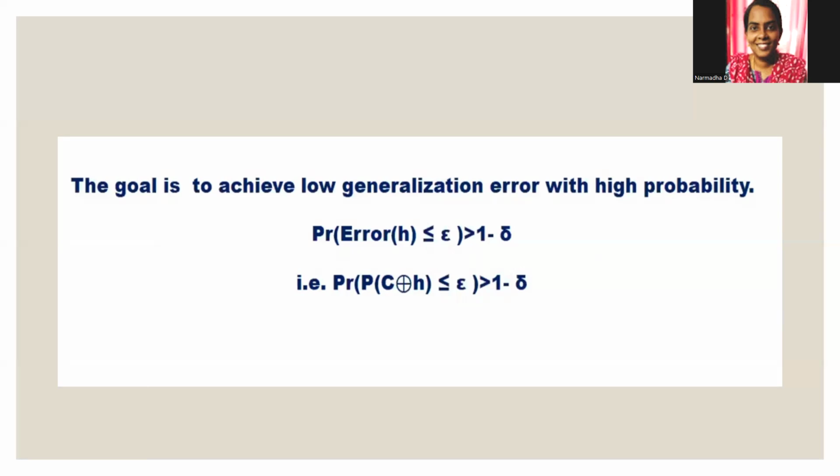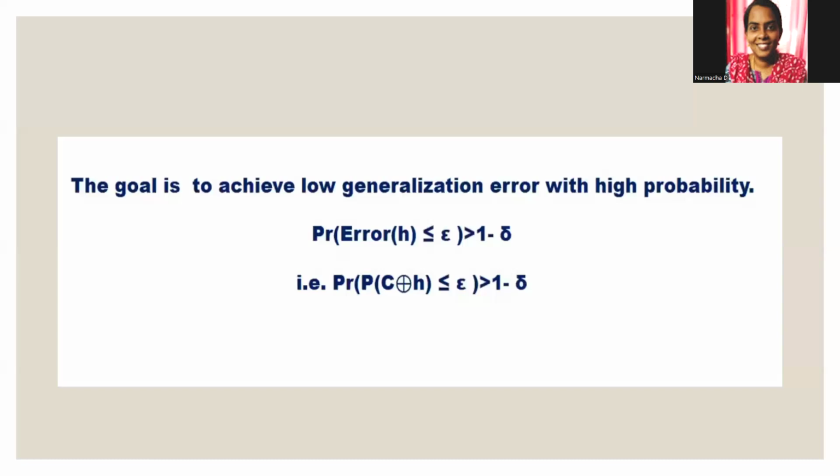Based upon training your model, the number of times you are selecting a subset of instances in order to train your model, it should have more probability in achieving low error.